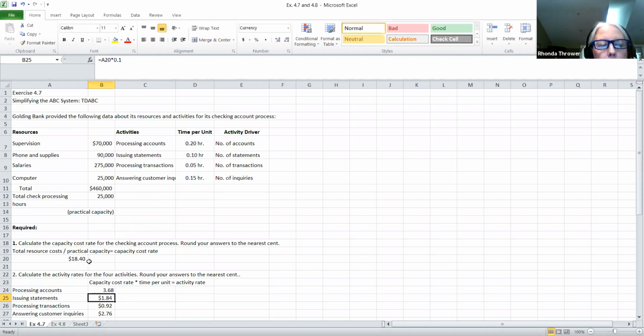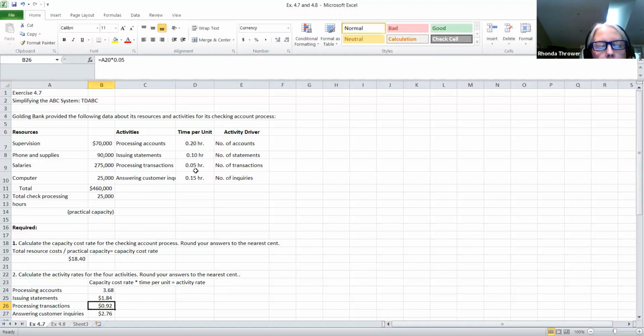So if you multiply $18.40 times 10% or 10 parts of an hour, it will give you the activity rate per hour for issuing statements, which is $1.80.